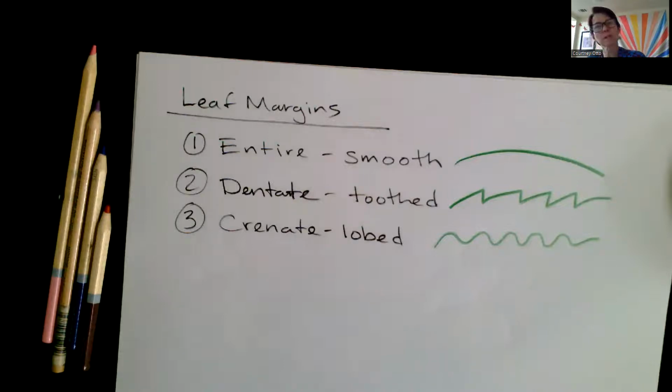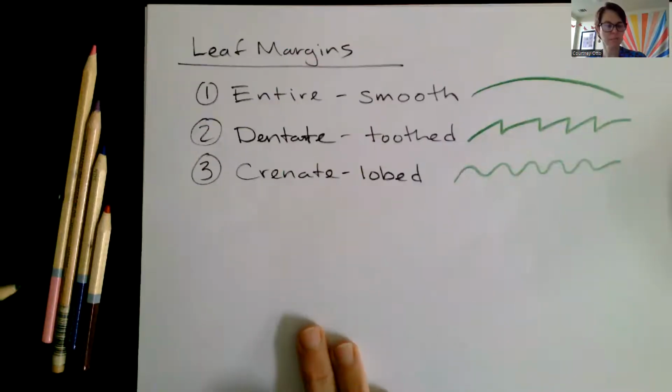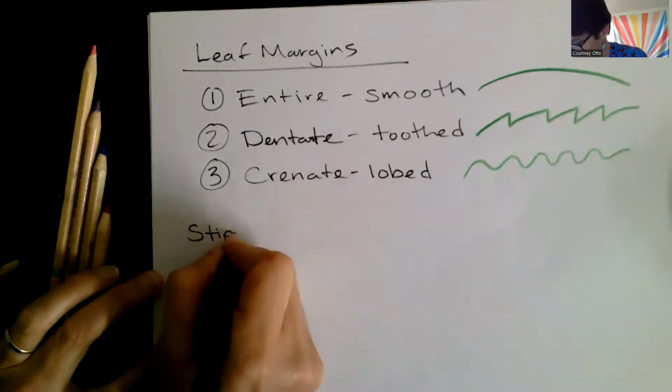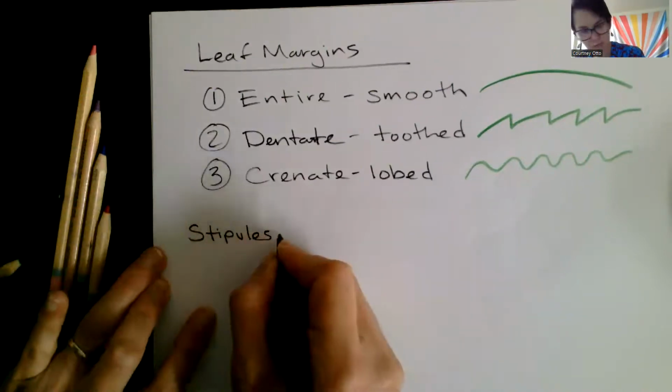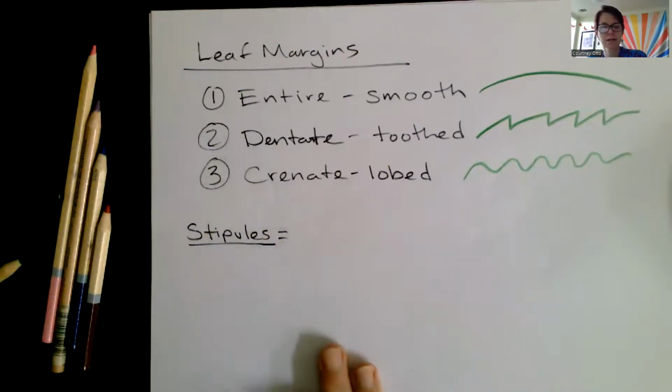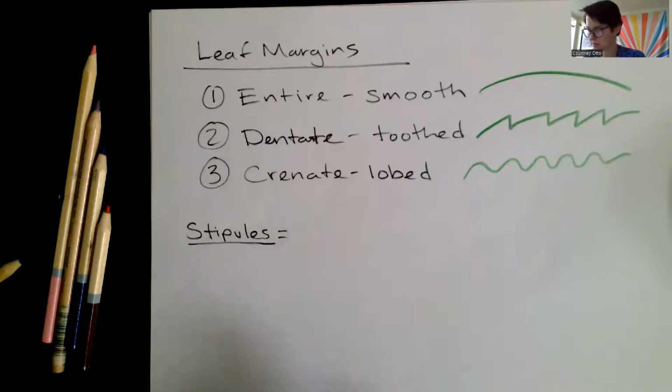Another thing that we can look for when we look at leaves and try and understand their diversity is we can look for something called stipules. And stipules aren't probably something you've seen before. What stipules are is they're paired leaf appendages.